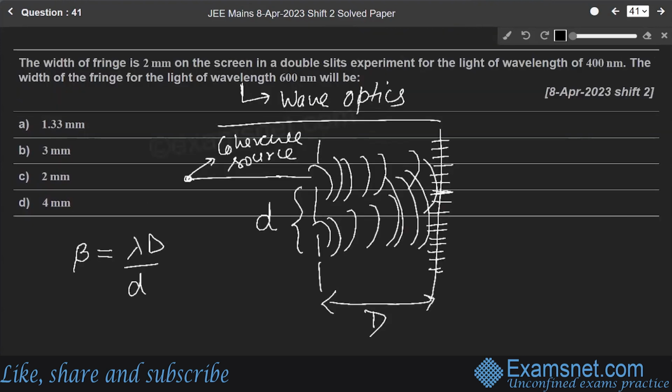So it is saying that the fringe width is 2 millimeter on the screen in a double slit experiment for the light of wavelength 400 nanometer. So when the fringe width is 2 millimeter, at that time the wavelength is 400 nanometer. When the wavelength is 600 nanometer, at that time we have to find the fringe width.